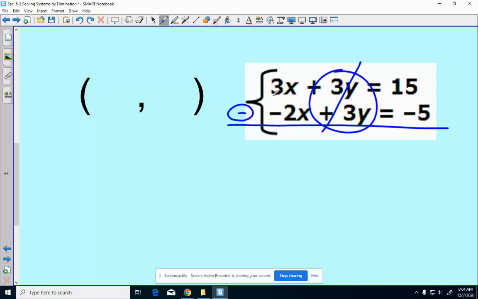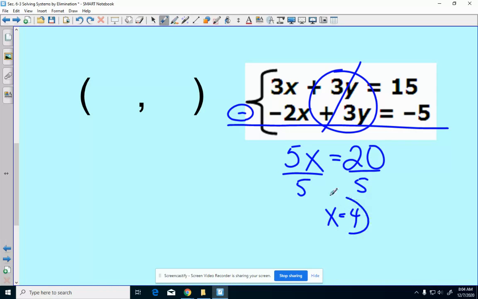If I do that, 3 minus negative 2, minusing a negative again turns into a positive, so that's 5x is equal to 15 minus negative 5, which is actually 20. So I divide both sides by 5. X is equal to 4. Okay, I get an x value of 4. For this one, I'll choose the bottom one. It looks smaller.